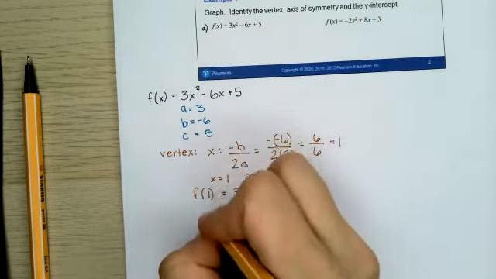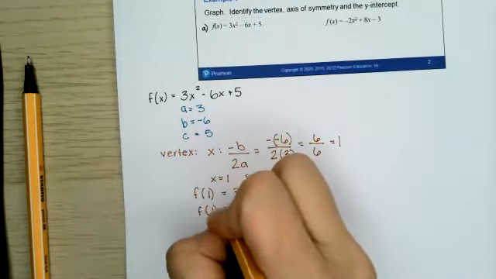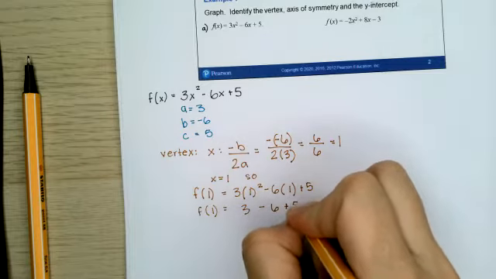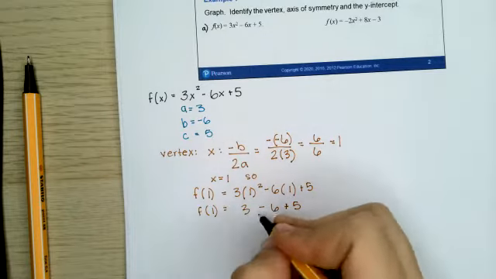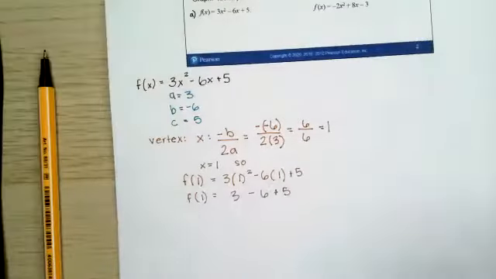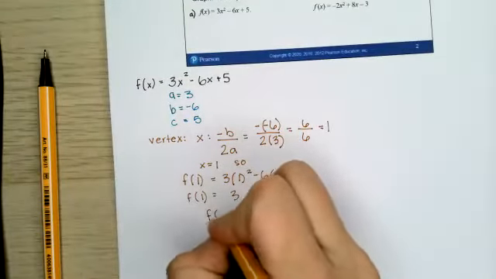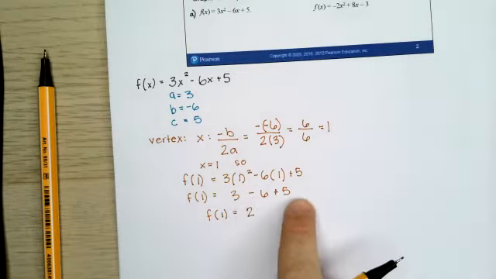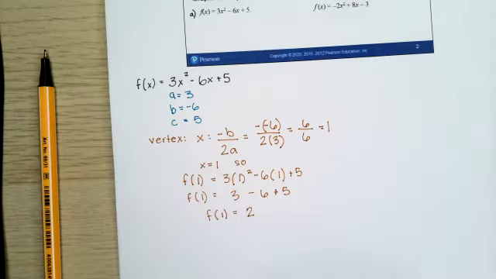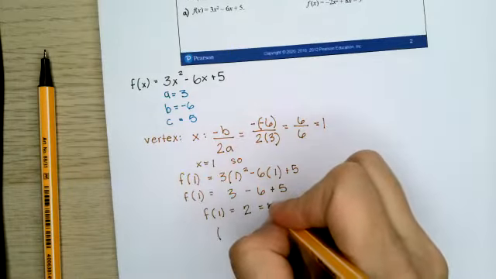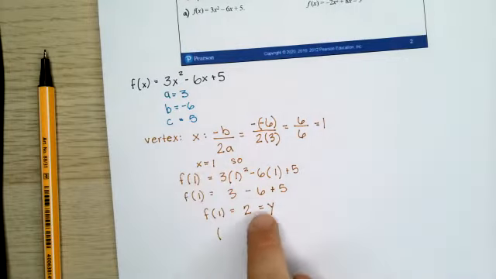Good. F of 1 is 3 minus 6 plus 5, right? 3 minus 6 is negative 3. Negative 3 plus 5 is just positive 2, right? 5 minus 3 is 2. That means my vertex is 1, 2.